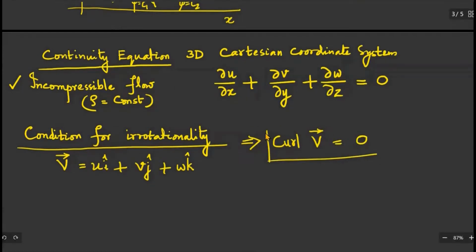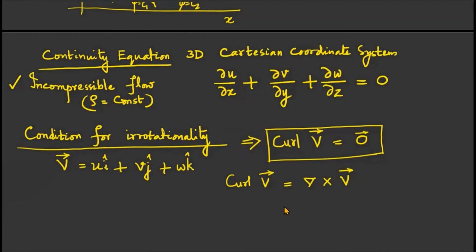If it is a zero vector, then the flow will be irrotational, not rotational. So how do you find the curl? Mathematically we write the vector operator del, also called nabla. This vector operator del cross V, a cross product, like this.